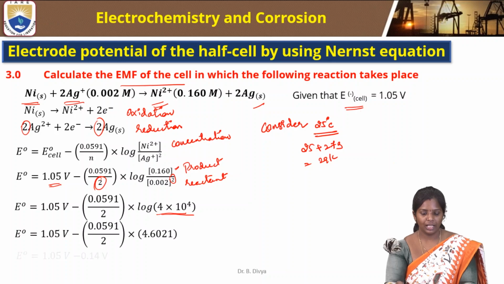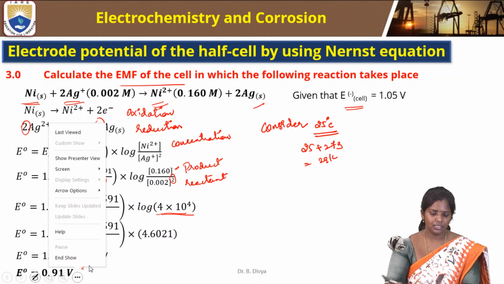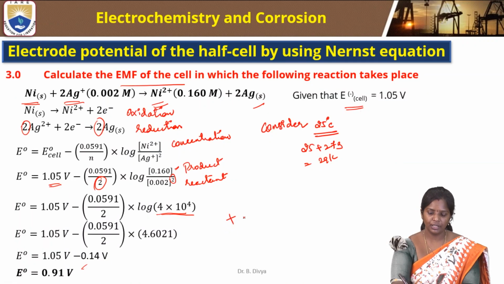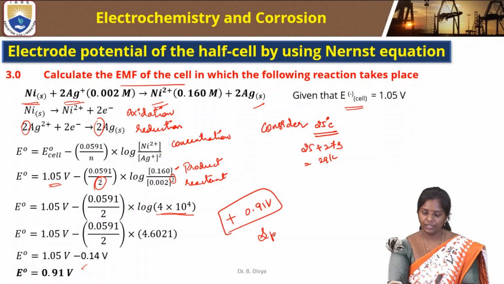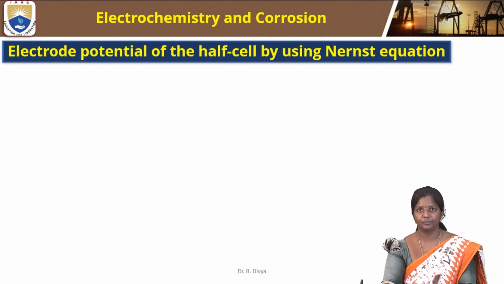Upon recalculation, we get a value of plus 0.91 volt. So again, this cell is also spontaneous. This cell can work spontaneously because the E cell value is positive.